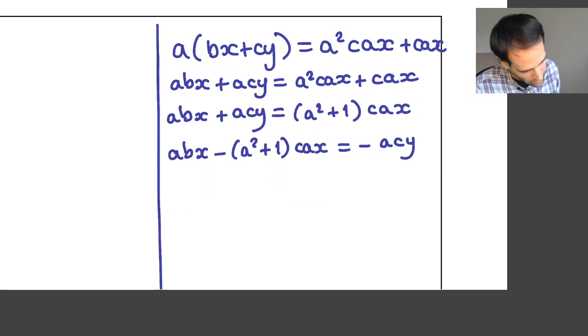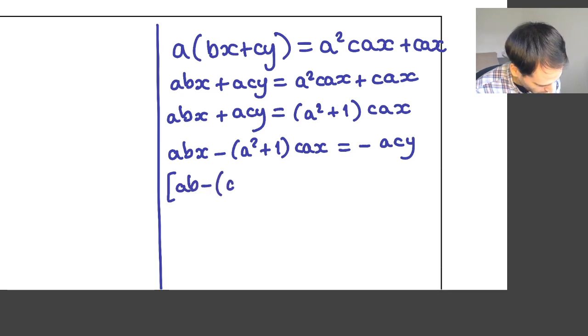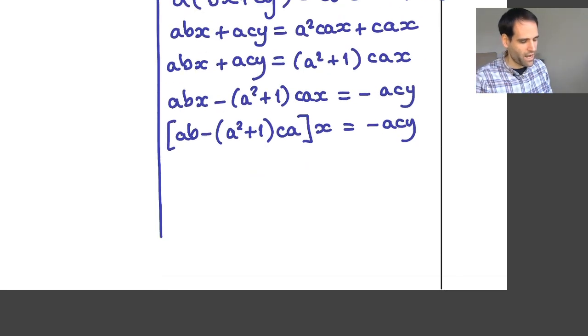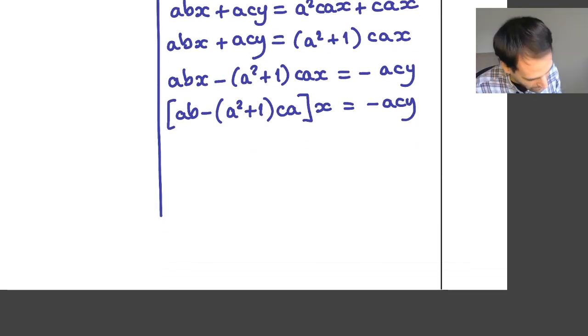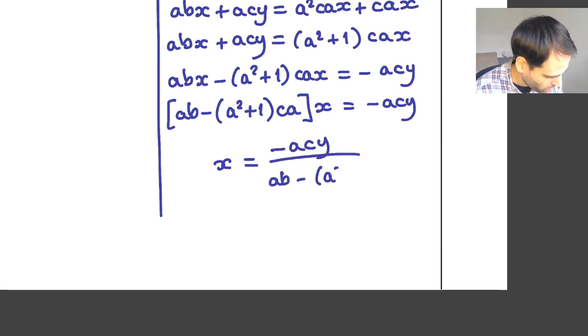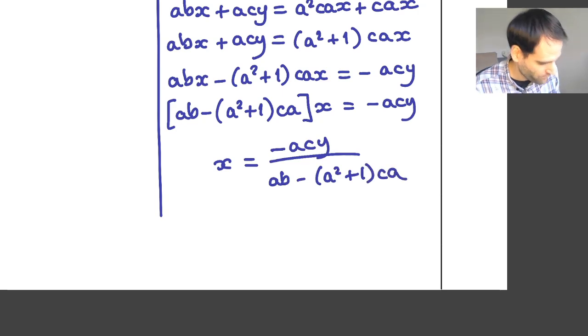Now we can still factorize the x on the left. So we could do bracket ab minus (a squared plus 1) ca, times x, equals minus acy. And now we would be ready to obtain x by doing minus acy divided by ab minus (a squared plus 1) ca.